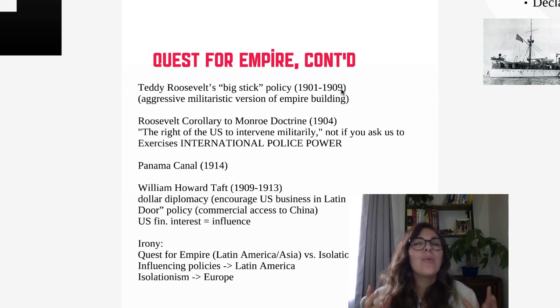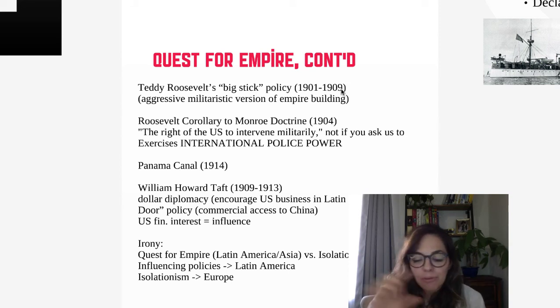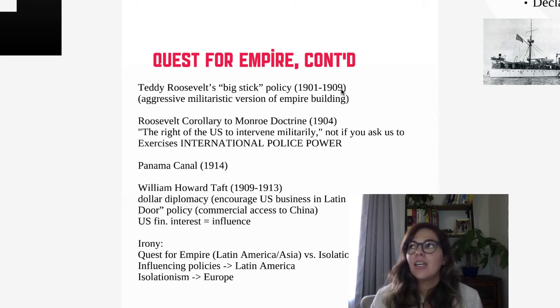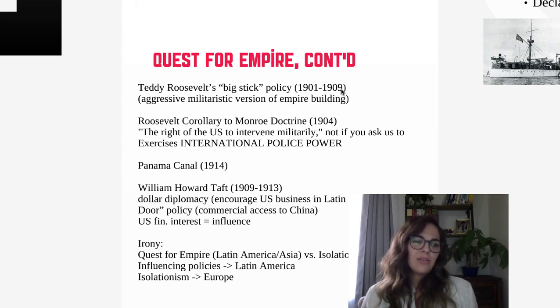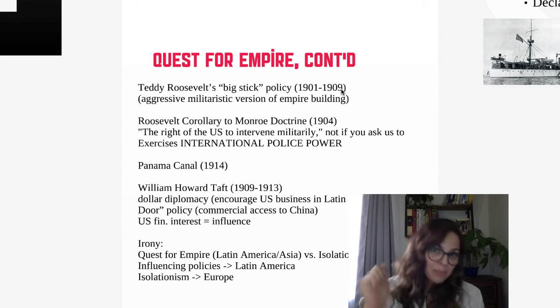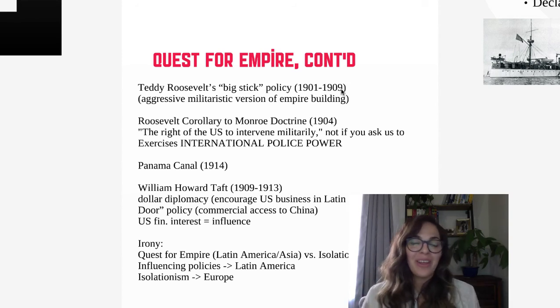And again, what is he referring to when he talks about the big stick? Because the phrase that he would use was "speak softly, but carry a big stick." And what that means is be diplomatic. Try to come to some kind of an agreement. But if you can't, then don't be afraid to use a big stick and hit them over the head.